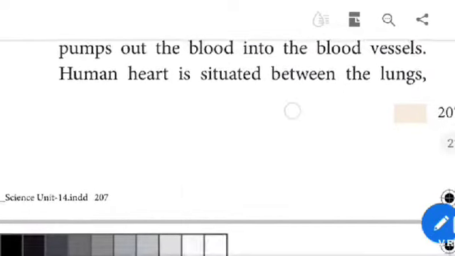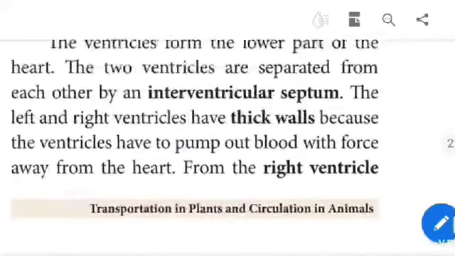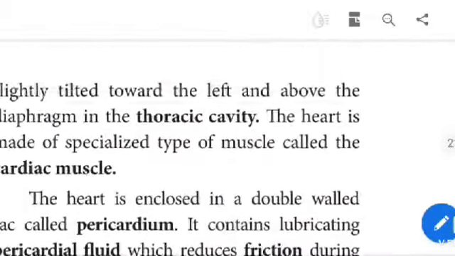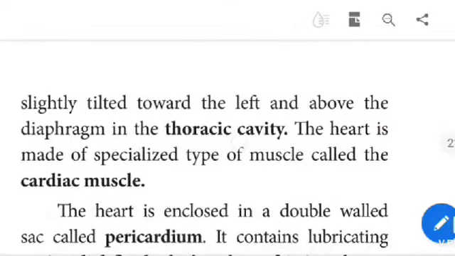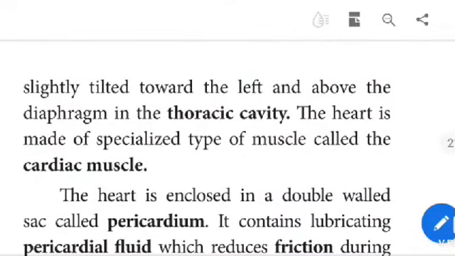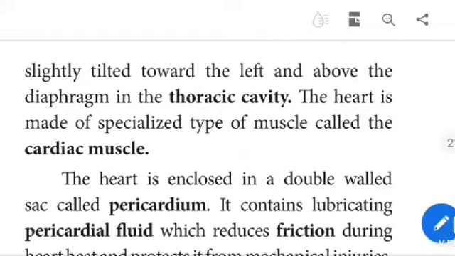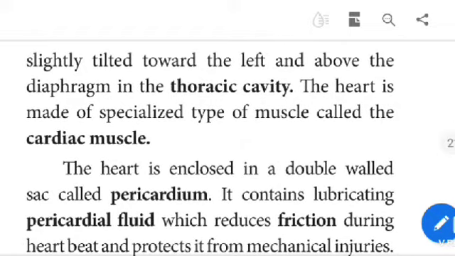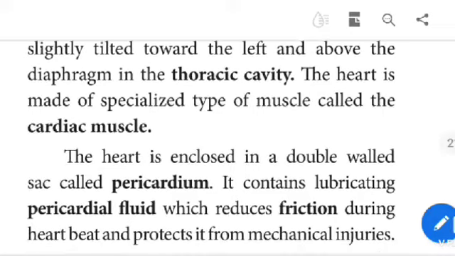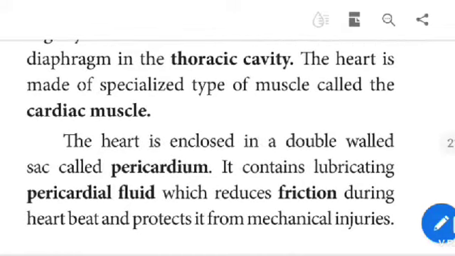The human heart is situated between the lungs, slightly tilted toward the left and above the diaphragm. In the thoracic cavity, the heart is made up of a specialized type of muscles called the cardiac muscles.